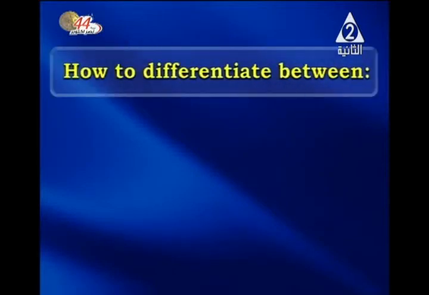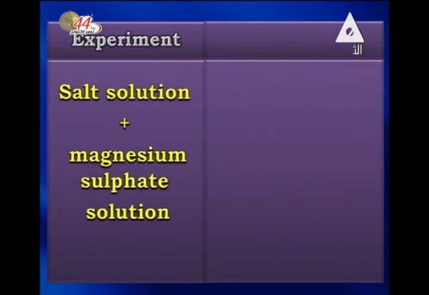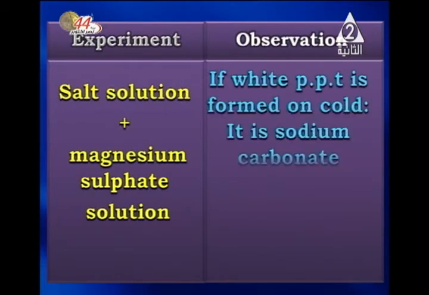My dear students, if we have a question here, how to differentiate between sodium carbonate and sodium bicarbonate. Here the experiment: the salt solution plus magnesium sulfate solution. Here the observation: if white precipitate is formed in the cold, it is sodium carbonate.